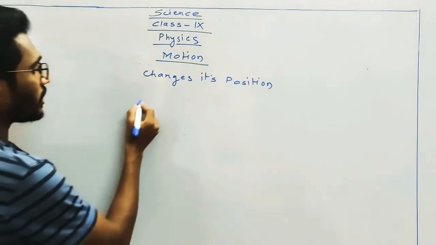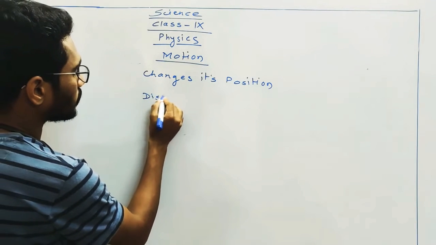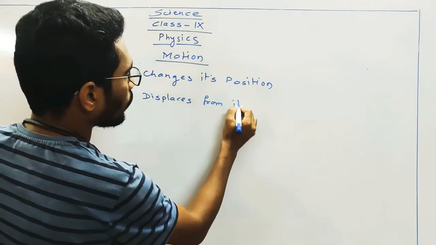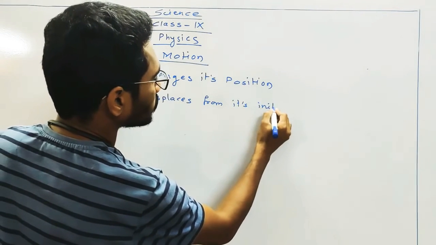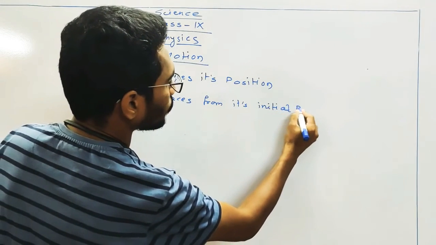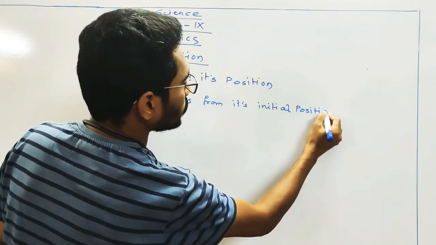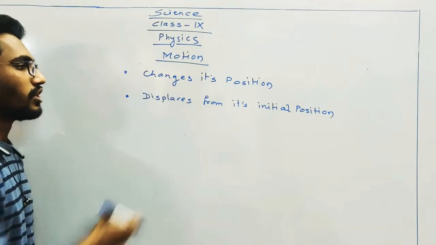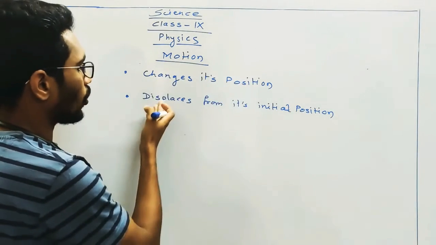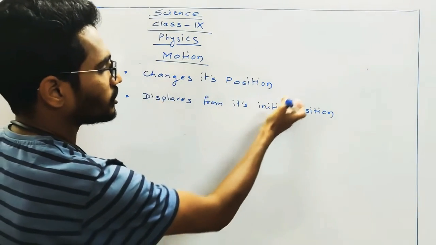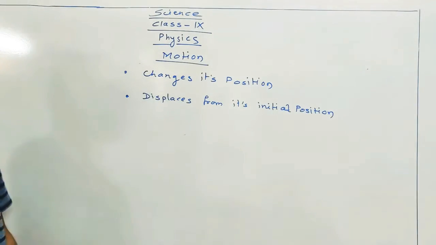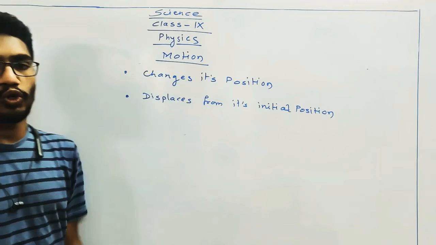Or we can say that if any object displaces from its initial position. Both are the same thing. If it changes the position, or we can say displaces from its initial position, means its position is going to change, then we can say that object is in motion.